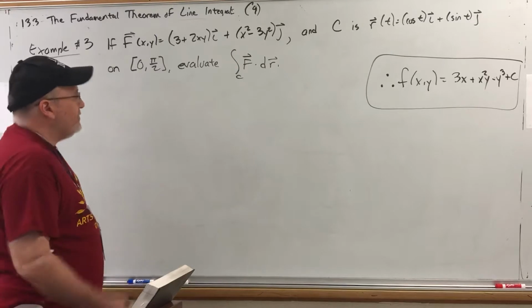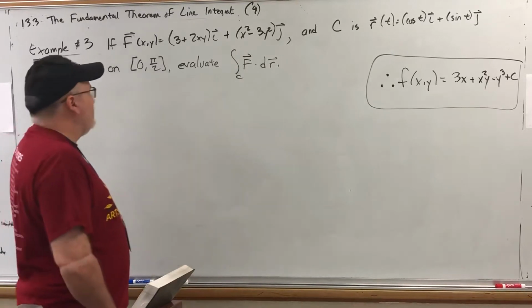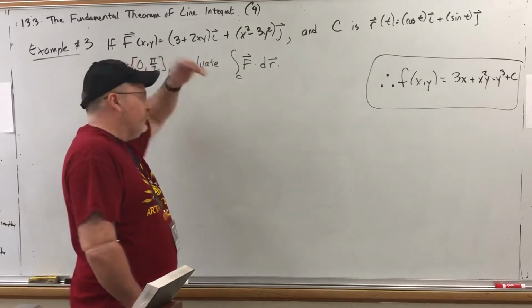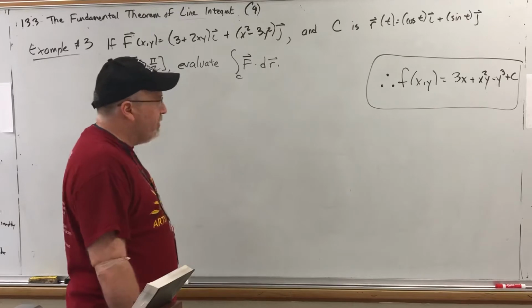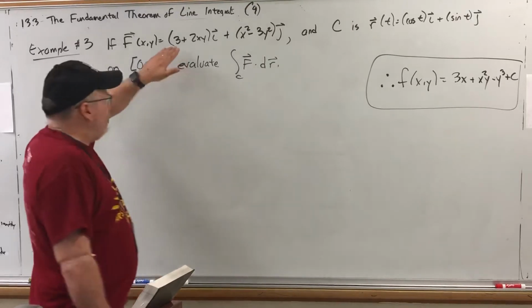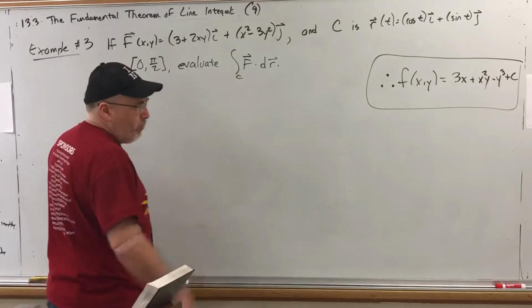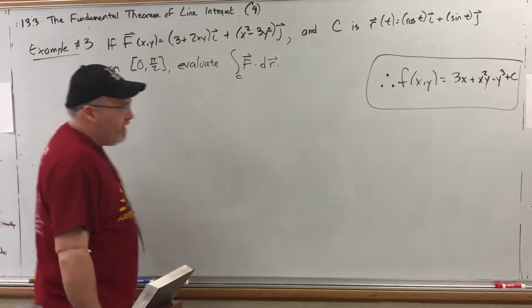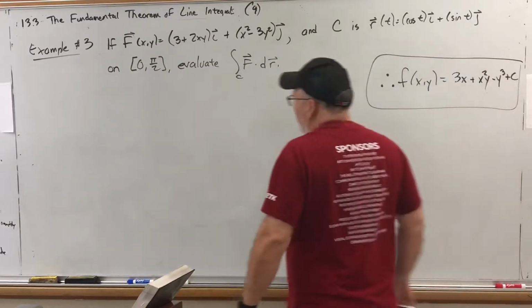And let's evaluate this. Now, we could evaluate this the straightforward way, where we substitute everything in terms of t, and then we do a lot of antiderivatives, and we stick numbers in. But let's take advantage of the fact that we just showed that this was conservative, and there's its potential function, or rather one of its potential functions. The constant can be anything, so we'll just make it 0.